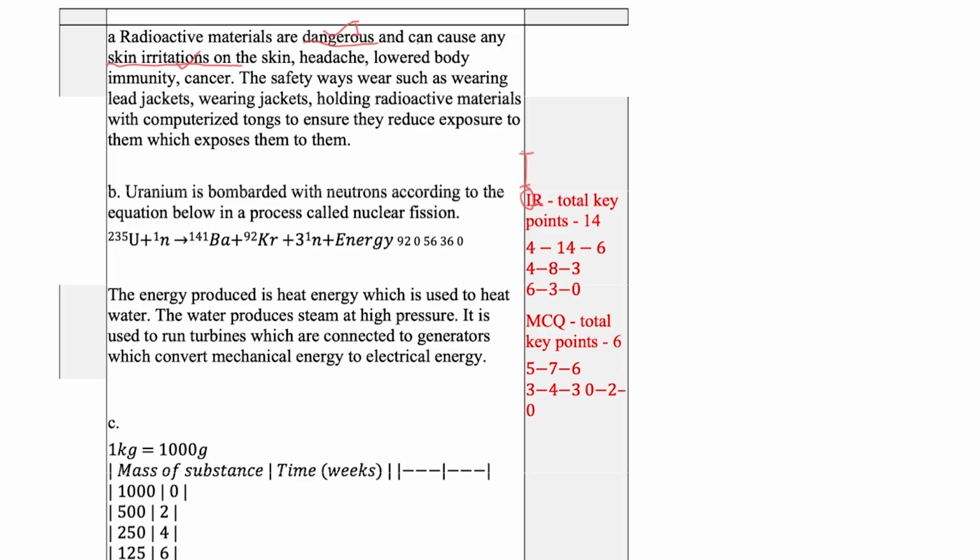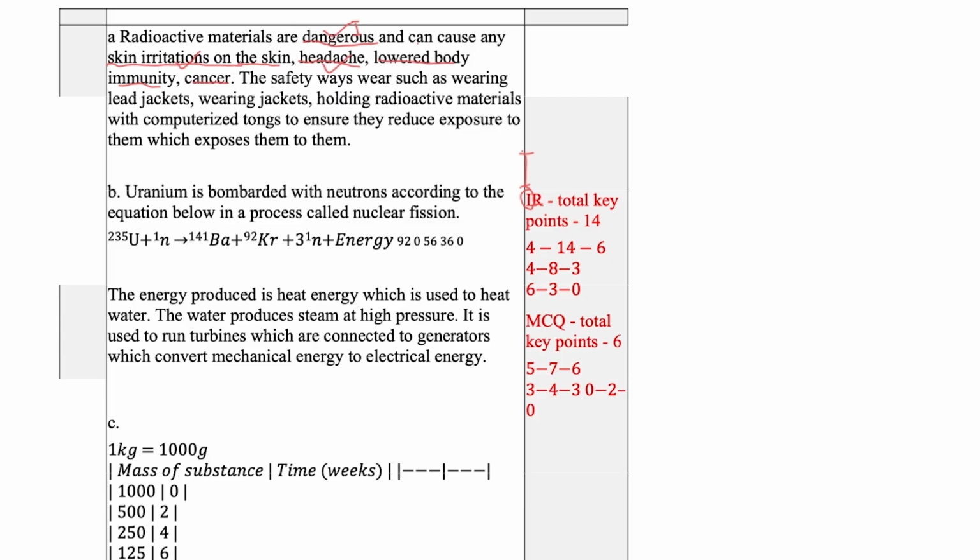You are now giving the dangers of radioactive materials. 2, they can cause headache. So that is another reasoning. Lower body immunity. That is another reasoning. Cancer. Next. Okay. So these are the expected dangers of radioactive materials.